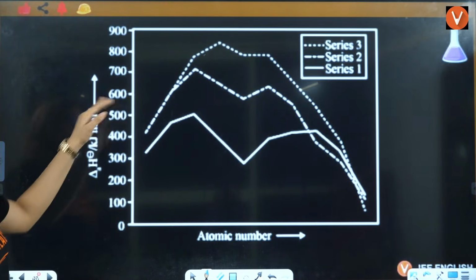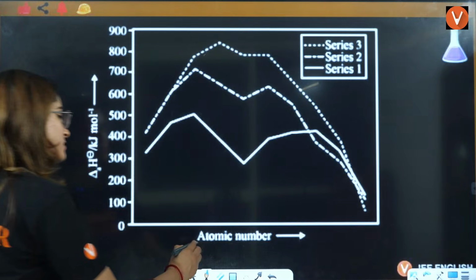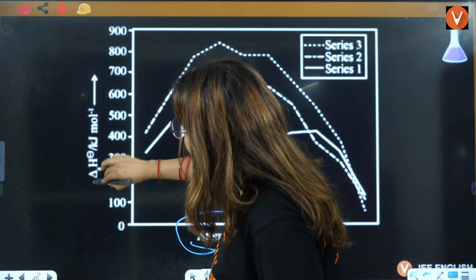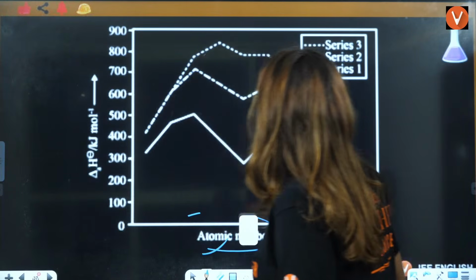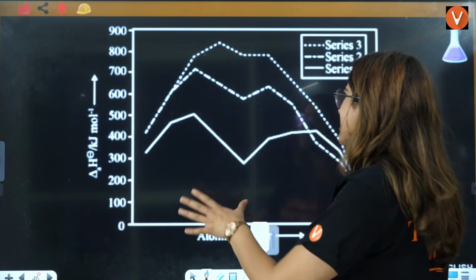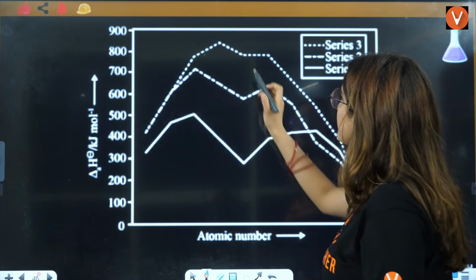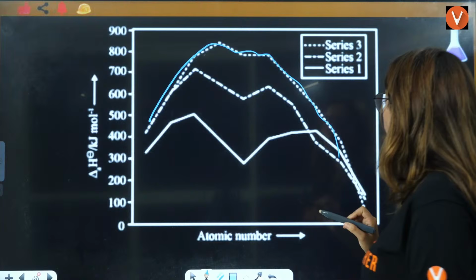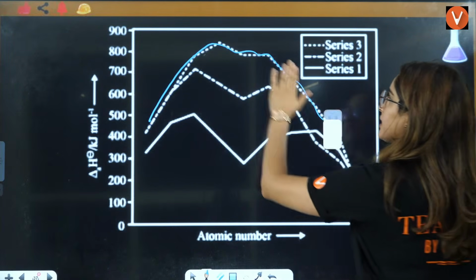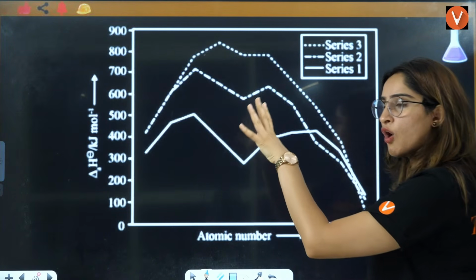Now, this is the same thing. If you see, this is atomic number and this is your enthalpy of atomization. Can you see this is kind of the same thing? I am not saying exactly, but kind of the same thing that you are following here. Isn't it following on the footprints of melting point?